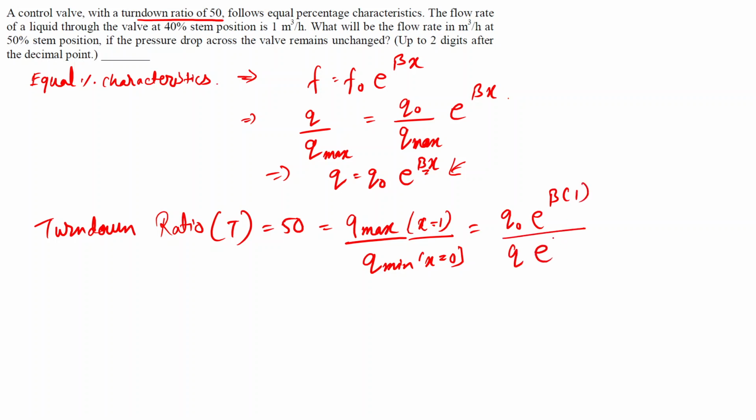And for x equal to 0, it will become e raised to beta raised to 0. So this 50 will be equal to e raised to beta divided by 1. So the value of beta can be found out by taking the natural log on both sides. So beta is equal to ln of 50. This will come around 3.912.